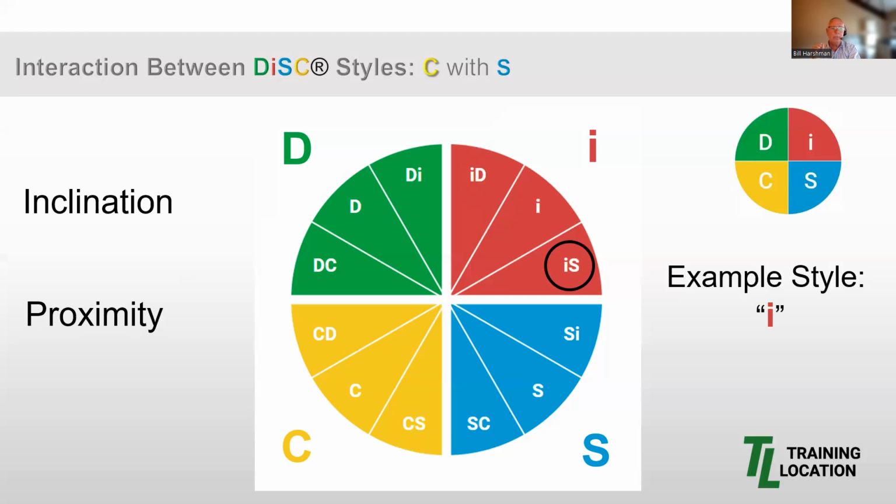Now, for purpose of clarity and illustration, I've conveniently placed dots inside a particular region of the quadrant. However, please know that a dot may be located anywhere within the circle. It is the combination of inclination and proximity which determine your ultimate primary dot location. Just a reminder here of a cornerstone principle we learned earlier.